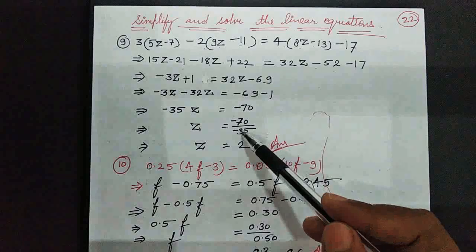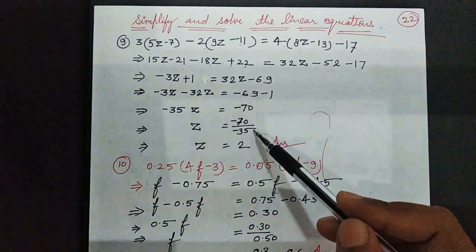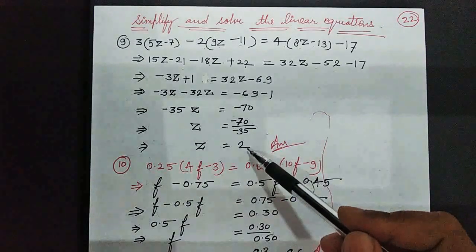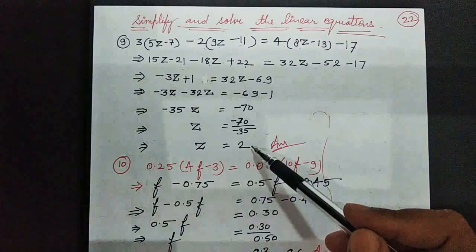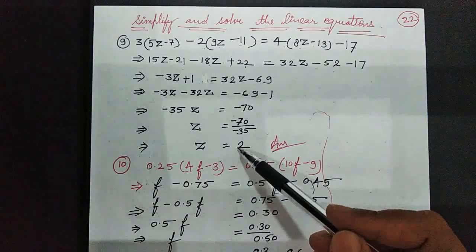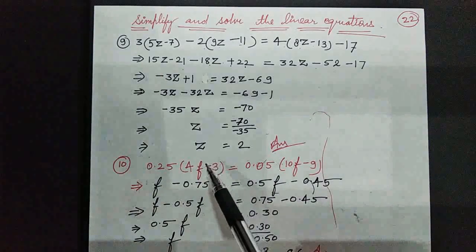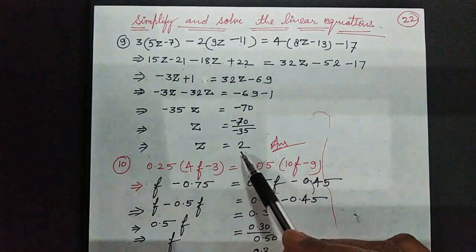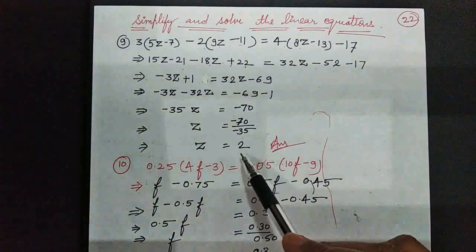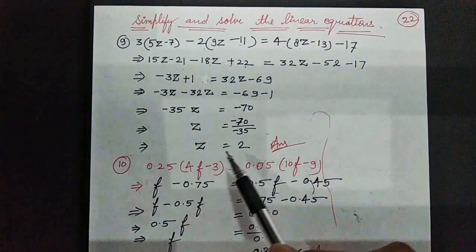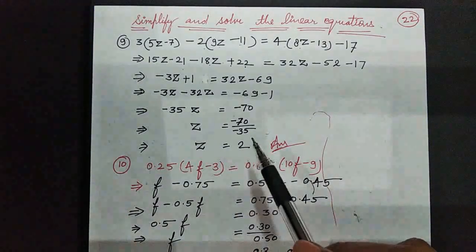So when we reduce it, we will get 2 only, because a positive answer will come. Now our required answer is 2. Or you can say the required value of z is 2.